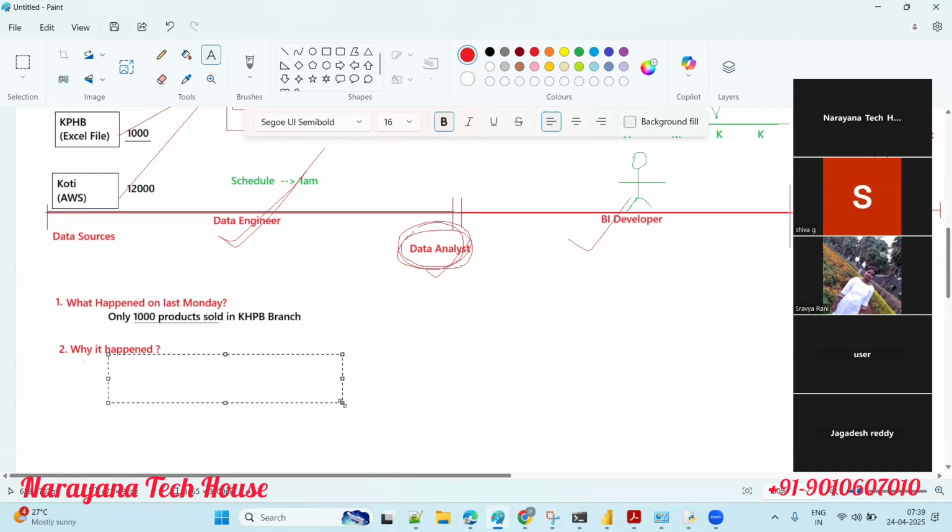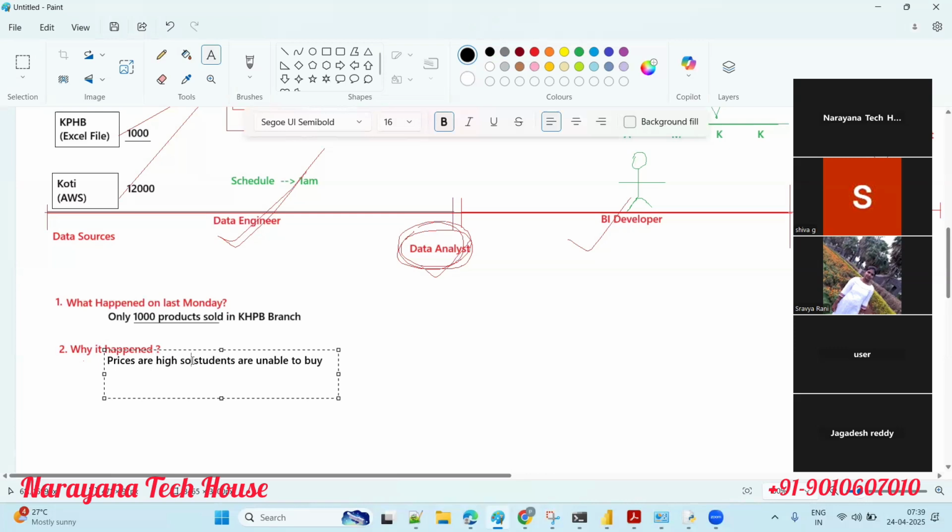Just take the simple reason: because of prices. So observe here, prices are high.